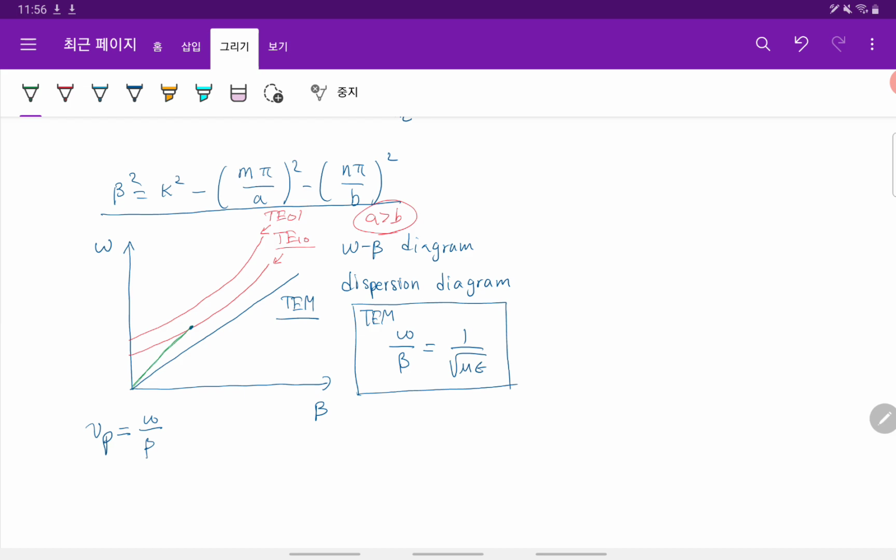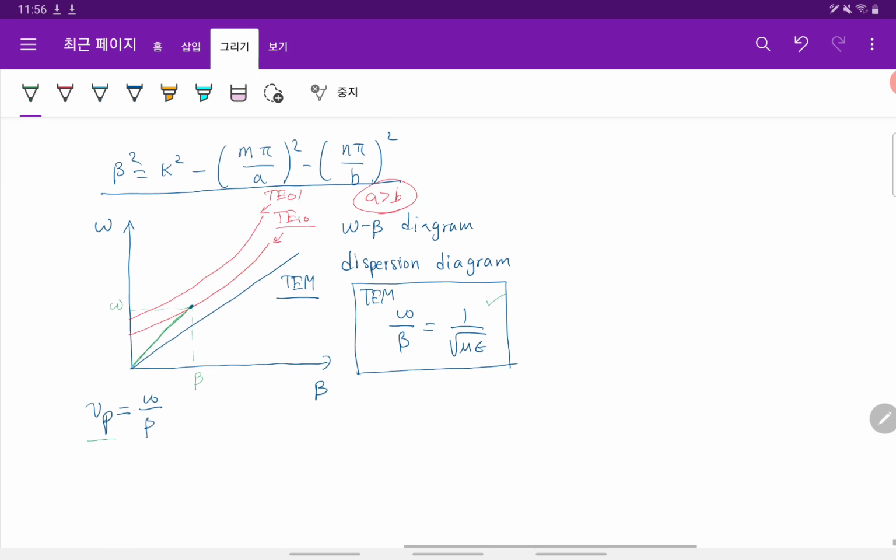The slope over here, where this is beta and this is omega, determines the phase velocity. If you see the slope, this is larger than this, so it is a larger velocity. This is one thing you can understand from this dispersion diagram.